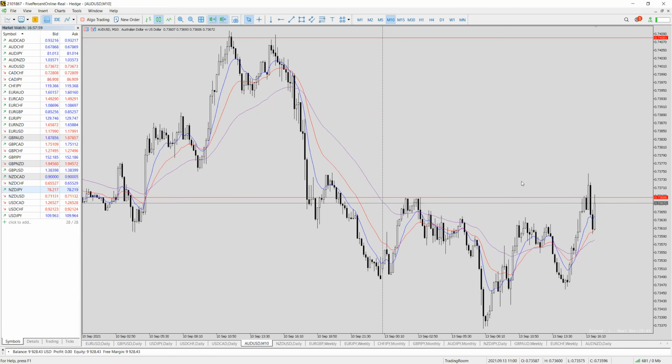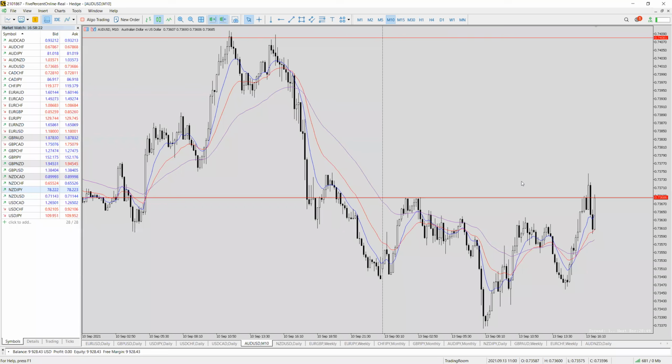Just be patient. The fact that you're sitting in front of the chart doesn't mean you have to take a trade. Money is made by sitting, not by trading. And it's not me who said it. I don't know if it was Warren Buffett or Charlie Munger or someone else, but be patient. Wait for the best signals.